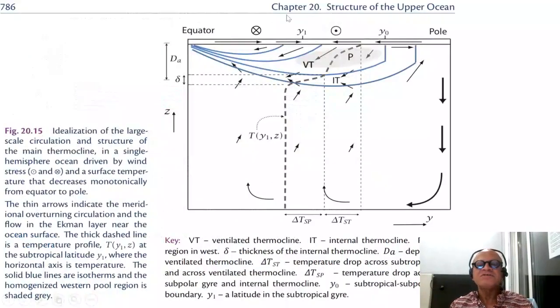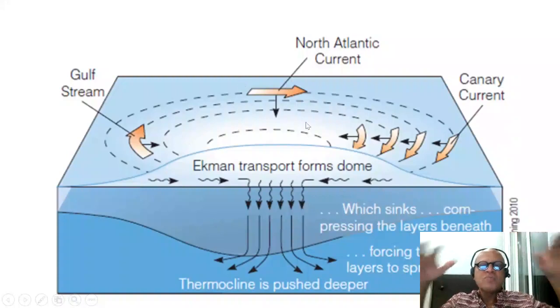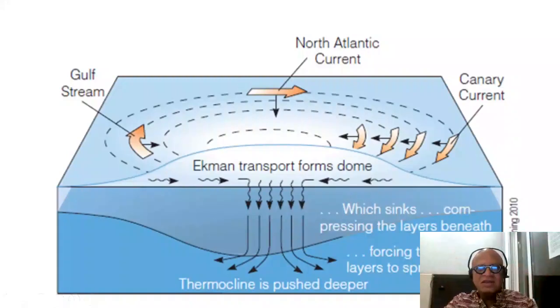Just to remind ourselves again, we had Ekman layer, Ekman pumping into the interior ocean, and we had this situation of subtropical gyre creating a dome because of the convergence and pushing down of the isotherms.